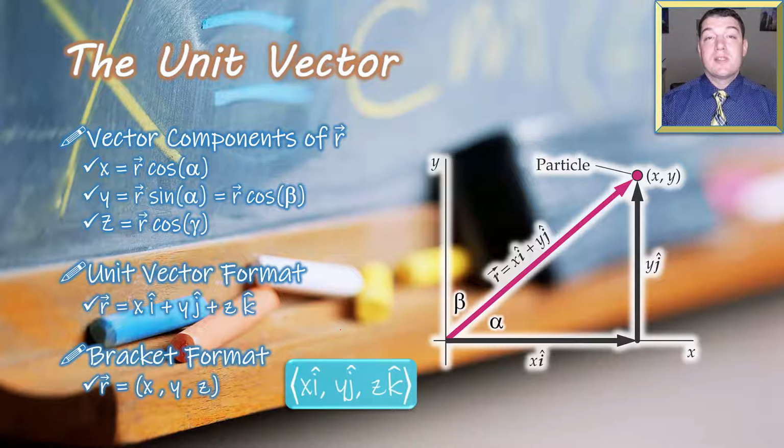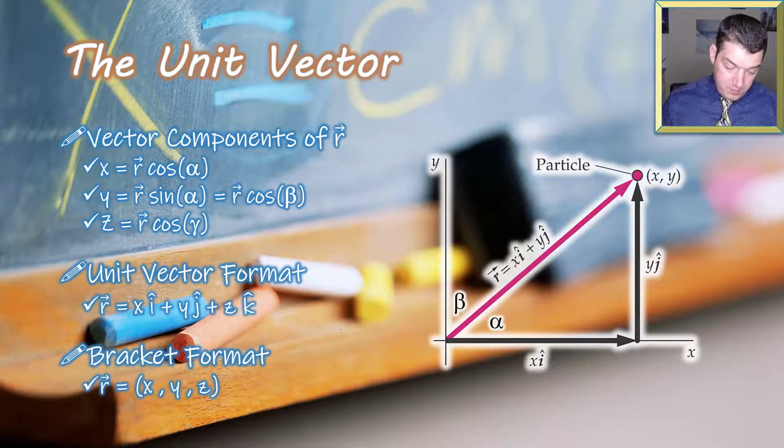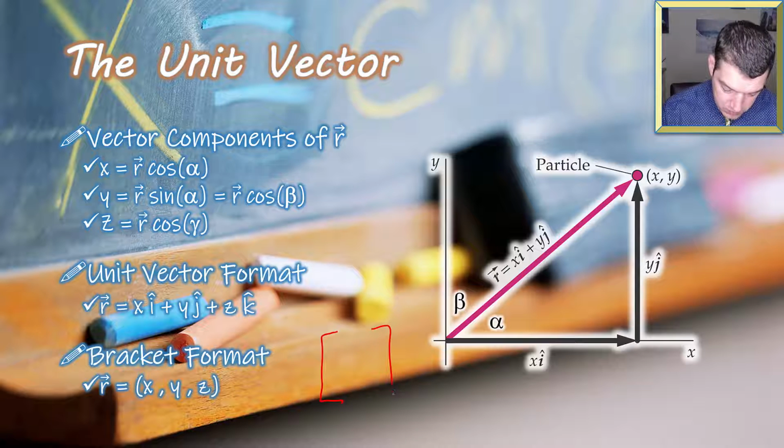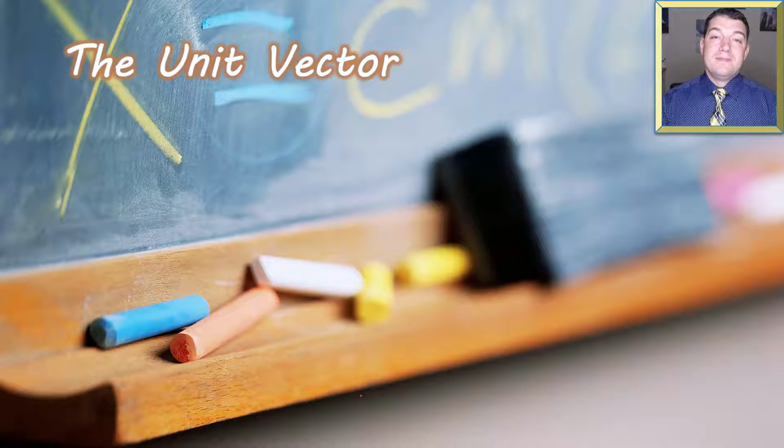Sometimes for these brackets, instead of using parentheses, they'll use little elbow kind of greater than or less than looking things, which is perfectly legitimate. You should be able to see both and understand what is being represented. On occasion, we can also show this as a column form where we'll have the x, the y, and the z shown vertically.